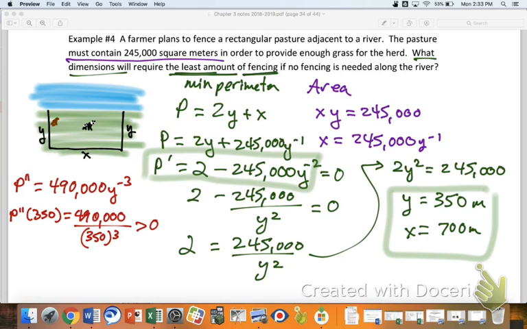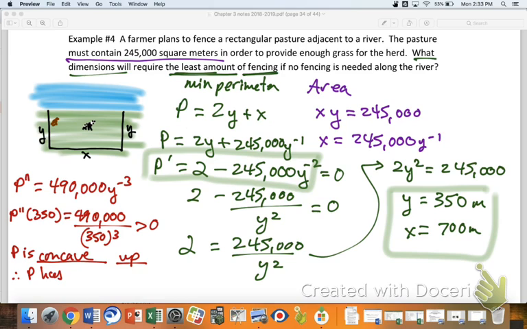And here we go. If p double prime is positive there, then p is blank. P double prime is positive. P is? It's concave down, or concave up. It's the creepy clown face, right? If p double prime is positive, p is concave up.